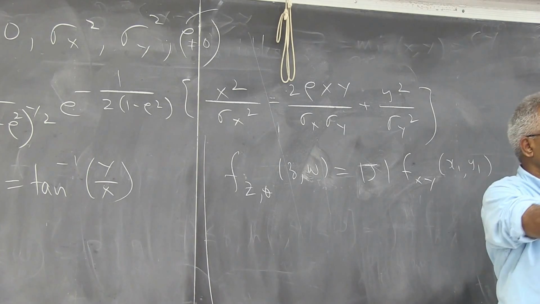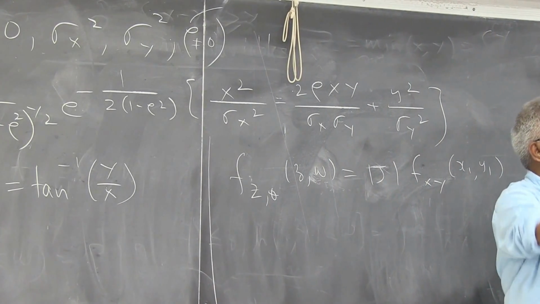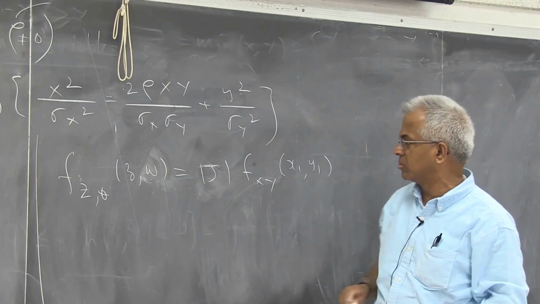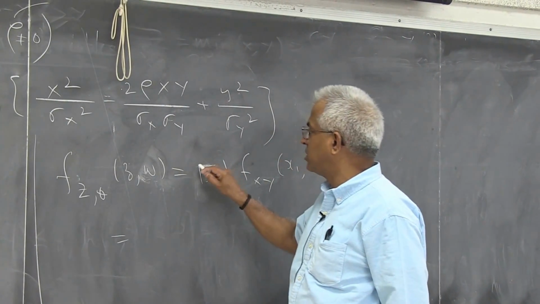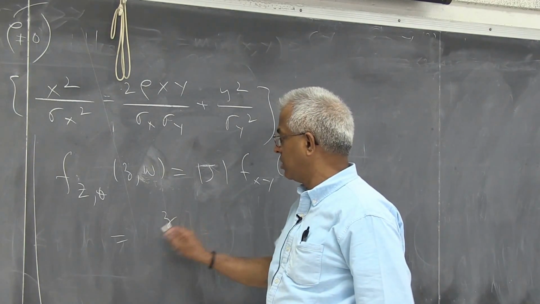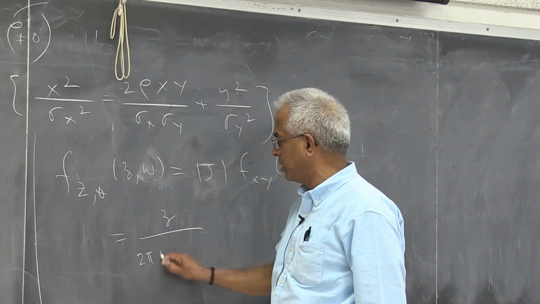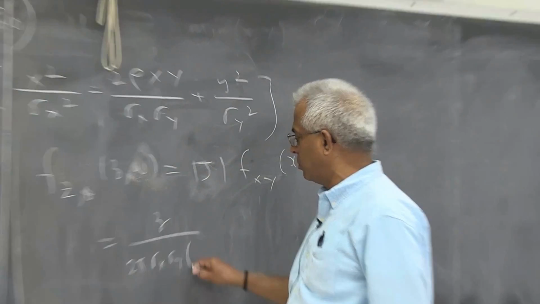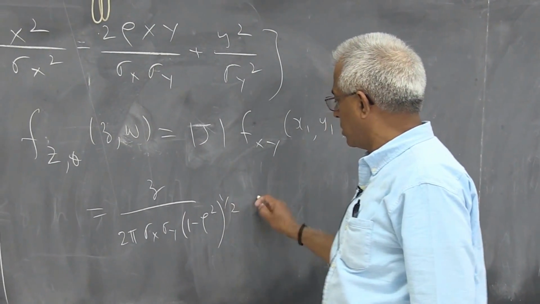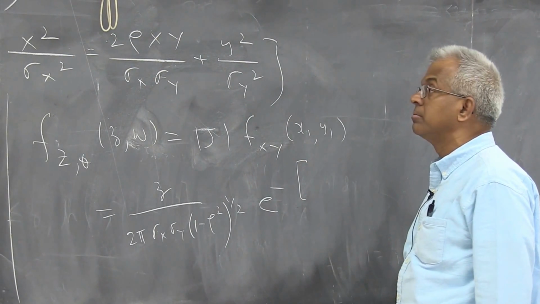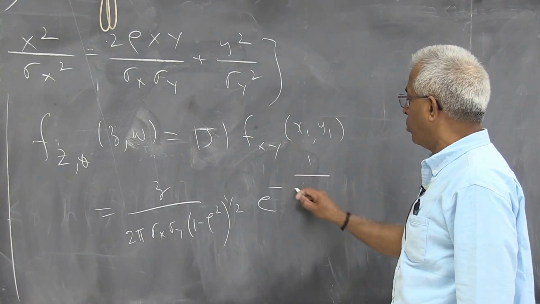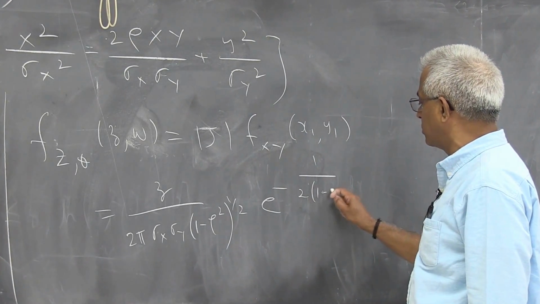If I take both the solutions, it's over the principal value. Then you can multiply by 2, or let me just take care of one solution. So this is z because we had it before. So z over 2 pi sigma x sigma y square root of 1 minus rho squared, e raised to minus 1 over 2 times 1 minus rho squared.